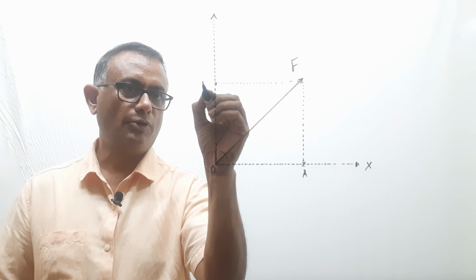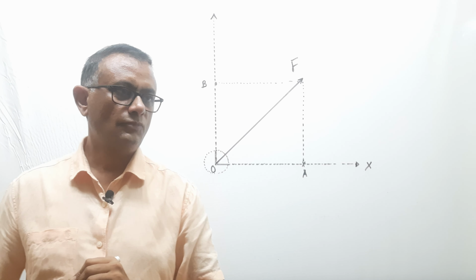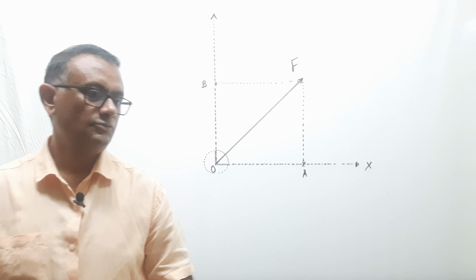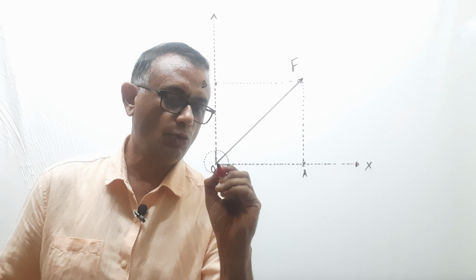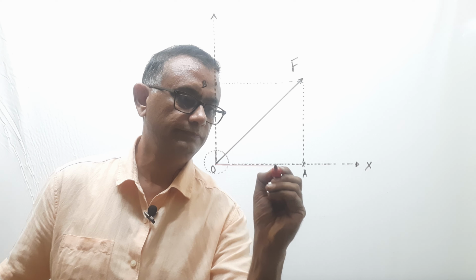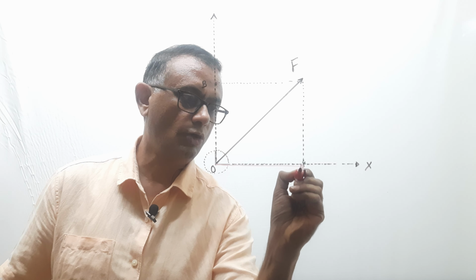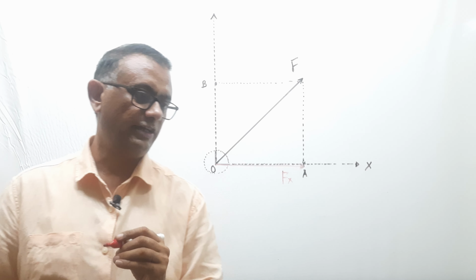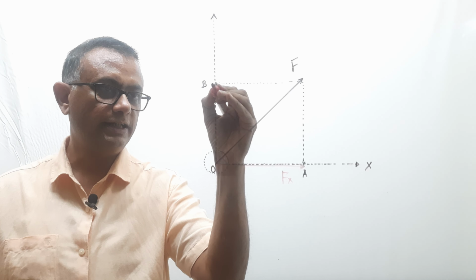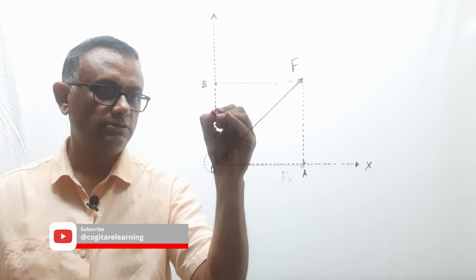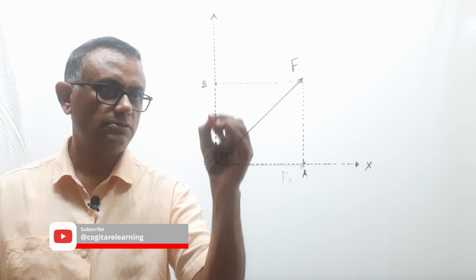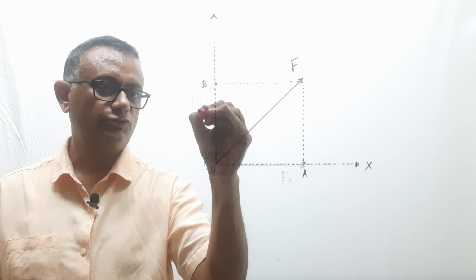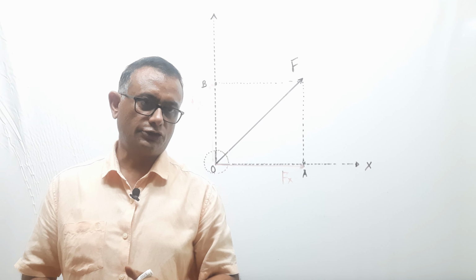Assume this is touching at the point B, right? So this particular length, that is OA, is what is going to be the force along the x-axis or Fx, and this particular length Fy is what is going to be called the vertical component.